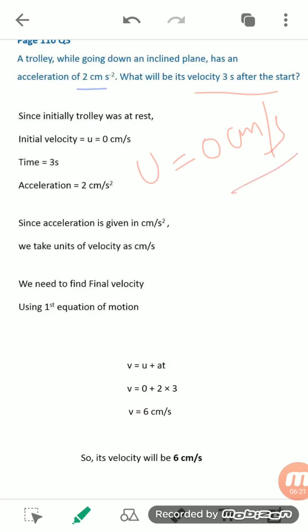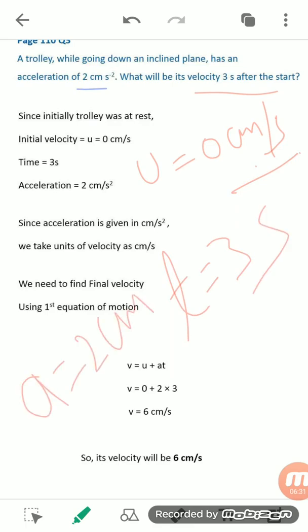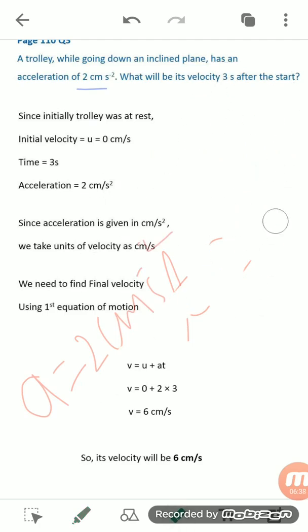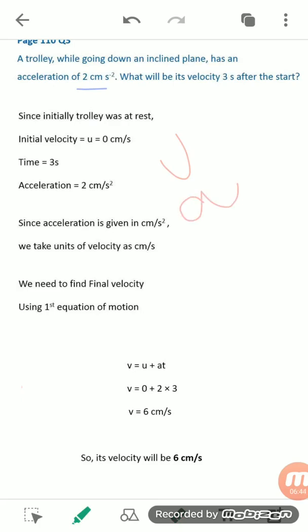The time is also given, that is 3 seconds, and acceleration is given, that is 2 centimeter per second square. So we have three things: initial velocity u, a, and t. We have to find the final velocity, that is v.